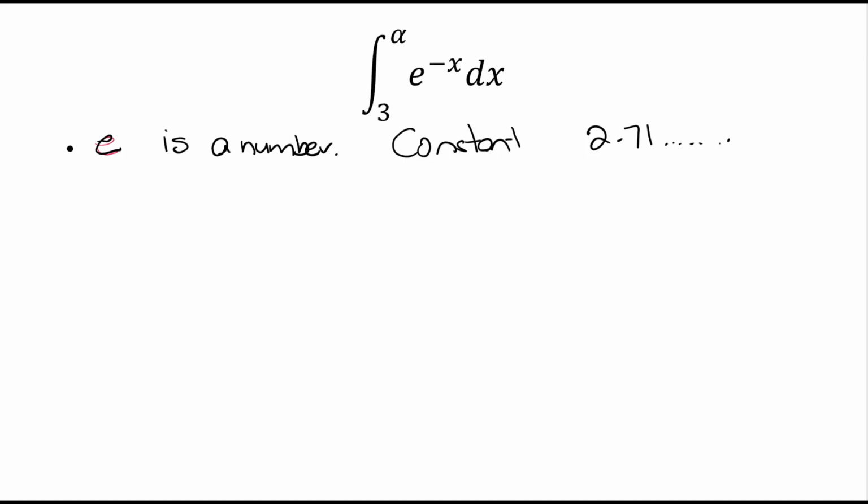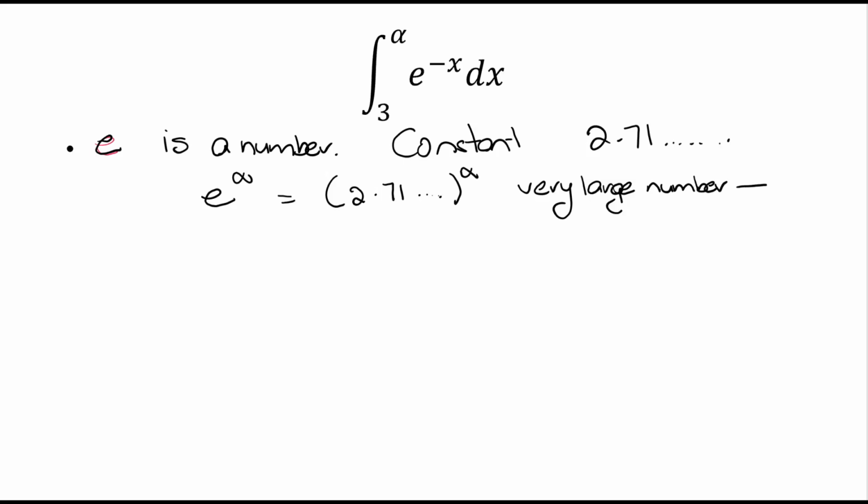So if we think of e to the power of infinity, we're also looking really at 2.71 to the power of infinity. Now that is a very large number. So that itself tends towards infinity.